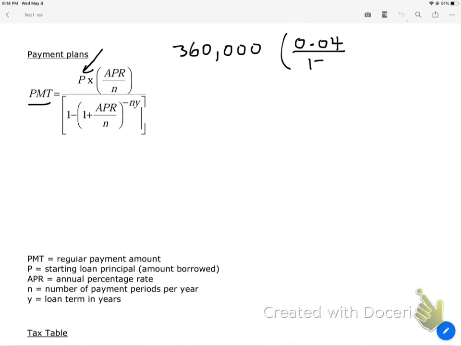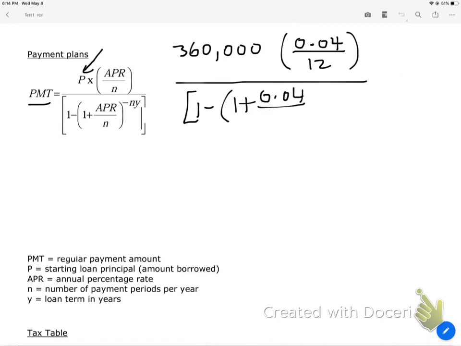We're going to do this monthly, so 12 times a year. That is all over 1 minus 1 plus 0.04 over 12, to the minus. Now remember, n is 12, and the amount of years is 30.